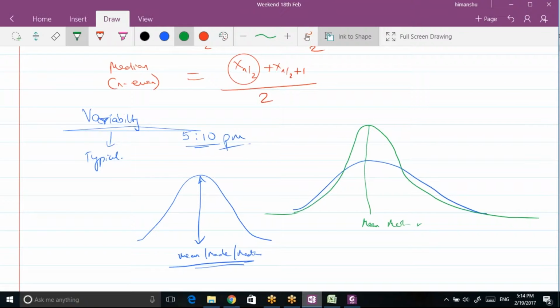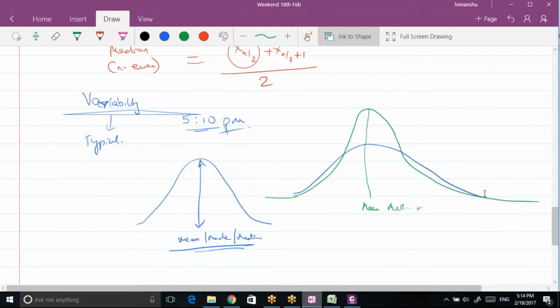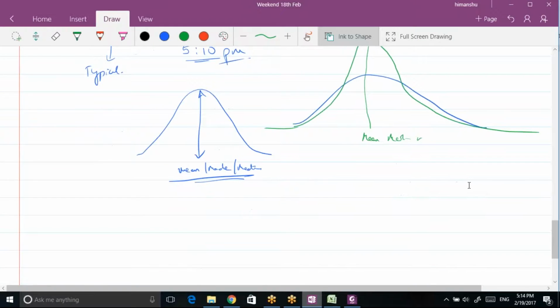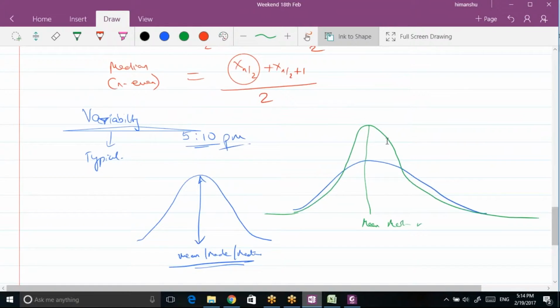But the distribution does not look the same. Why is it so? Yes, anyone? What's the difference between the red, the green and the blue distribution?